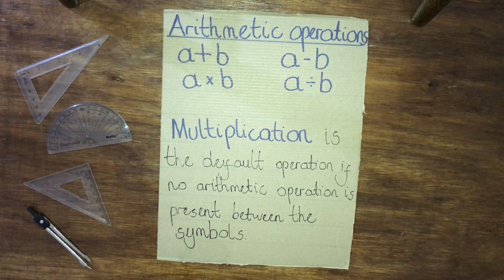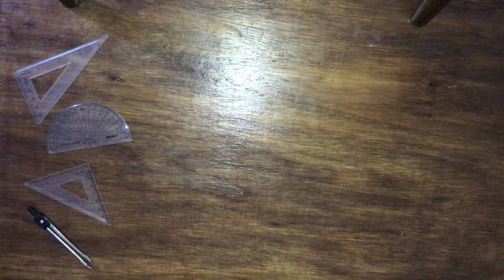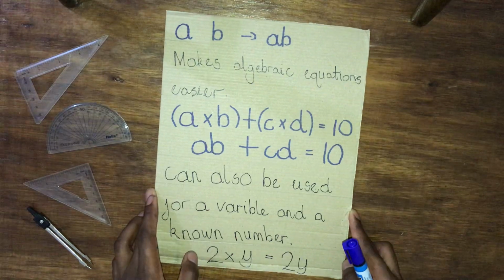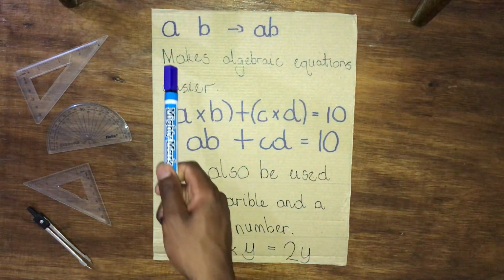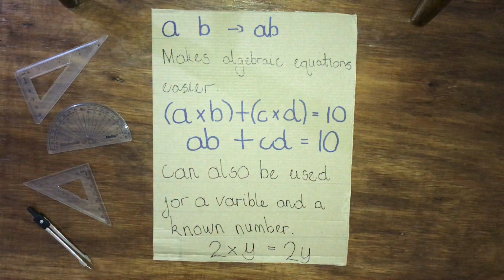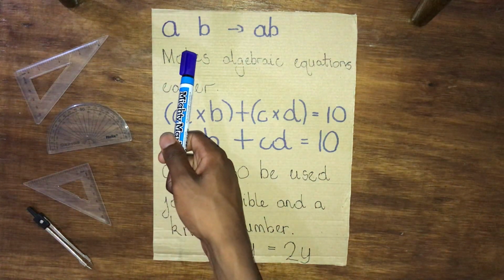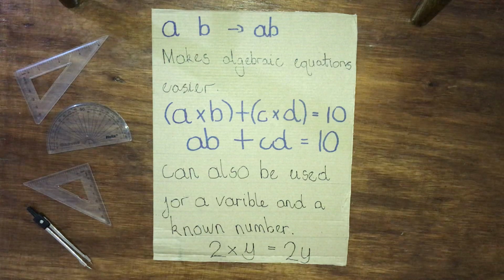What do we mean by this? Take for instance here, A, B, with no operation in between them.